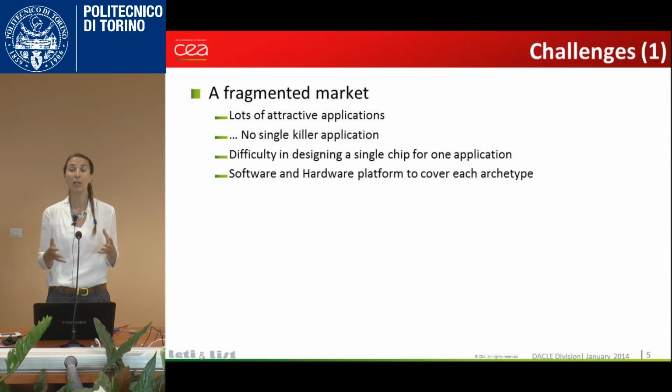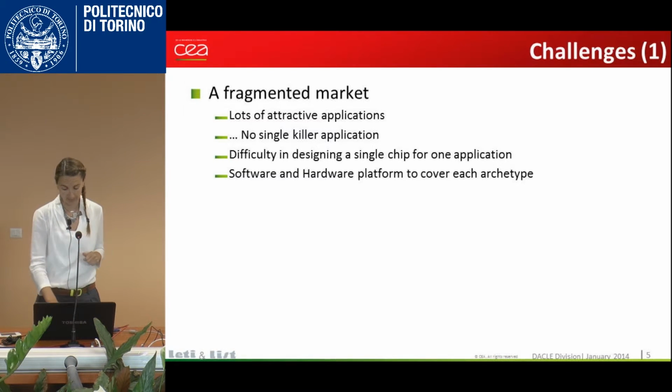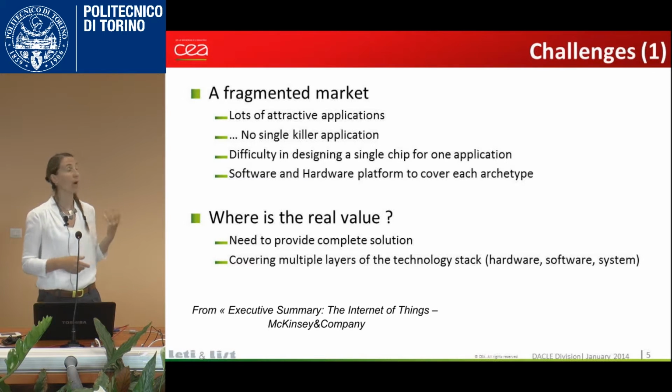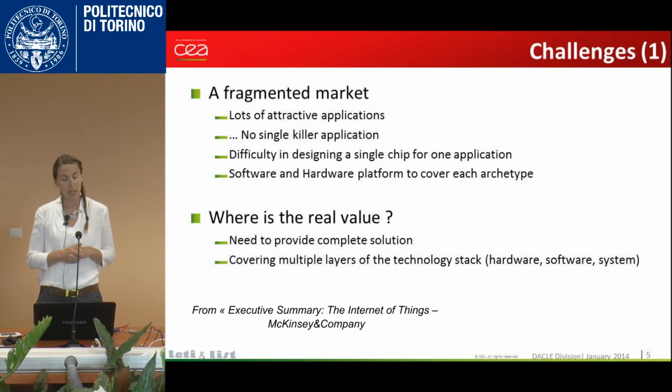Also, if you want to be able to use those smart devices, you need a strong co-design between software and hardware, and to cover each archetype of those smart devices. So where is the real value when you speak about IoT and smart devices? First, you need to provide a complete solution.